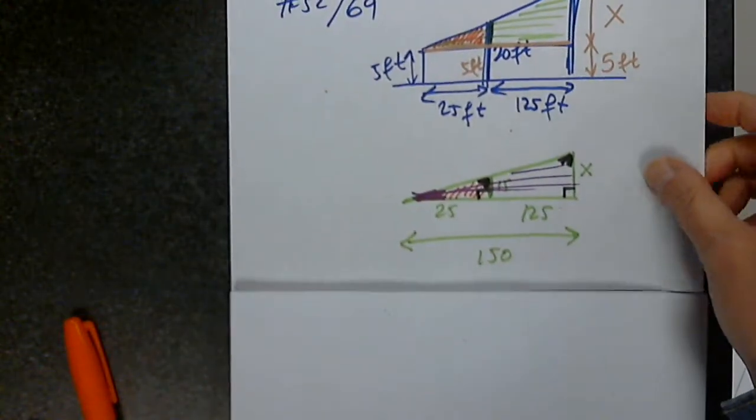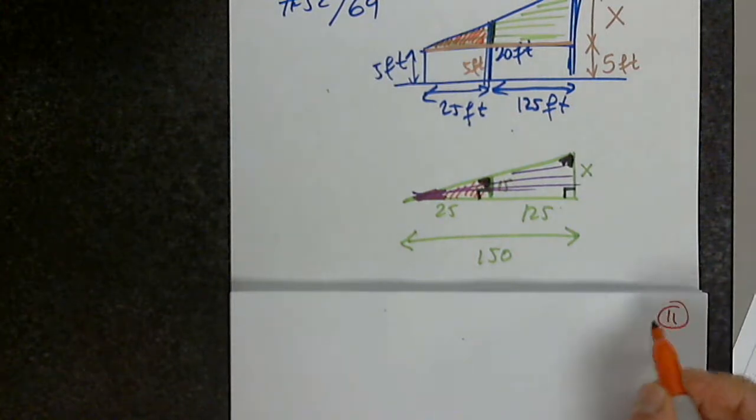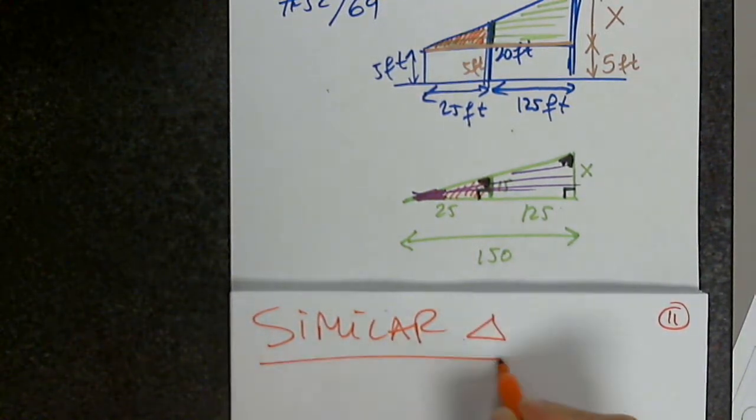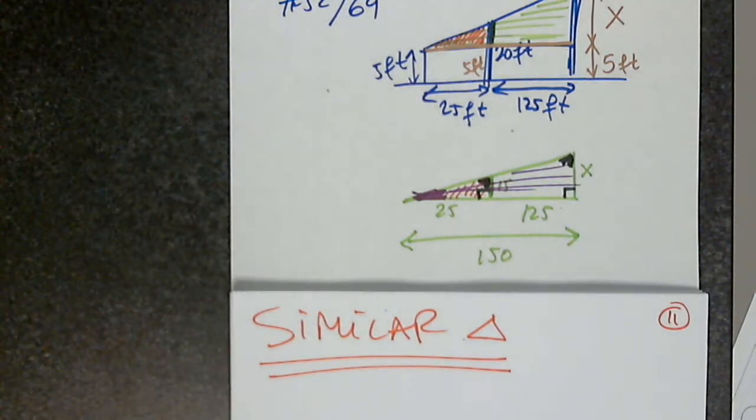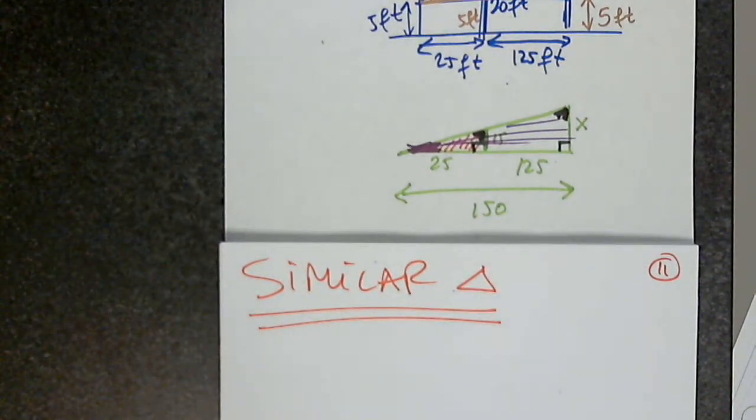They have a name because they have the same angles. Similar. Very good. They are similar triangles because all pairs of angles are the same. So what? Okay, they're similar. Yes, they have the same angles.